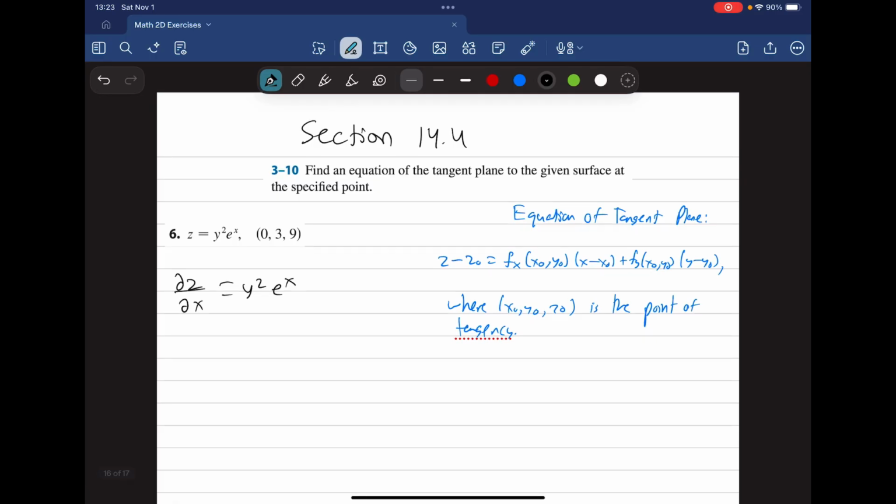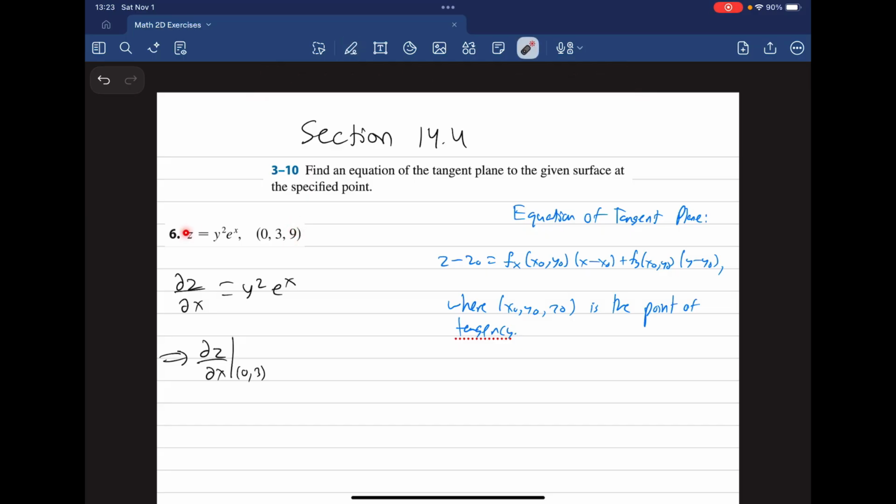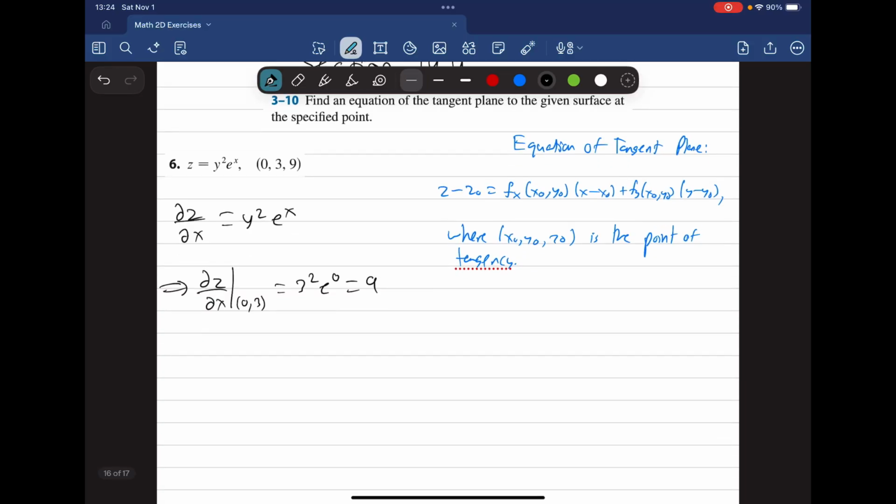Therefore, partial z with respect to x evaluated at the point 0, 3: note that we're not going to plug in 9 because that's just our z coordinate. We plug in the x and y coordinates, because this is the point where we compute the partial derivatives. So at 0, 3, we get 3 squared e to the 0, which is just 9.